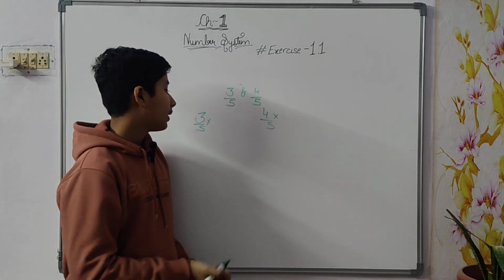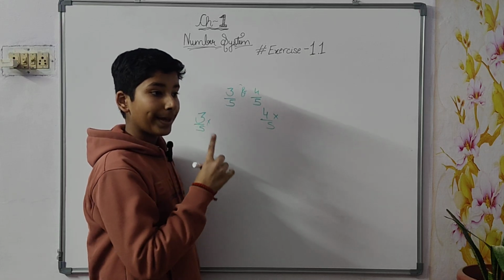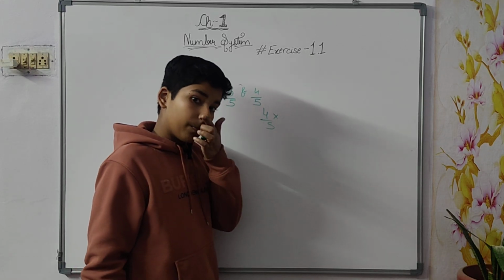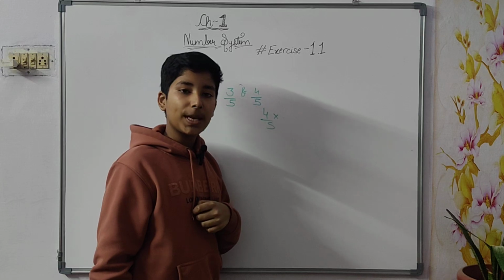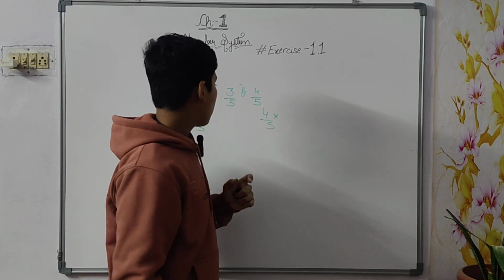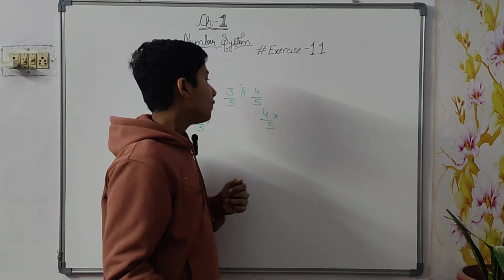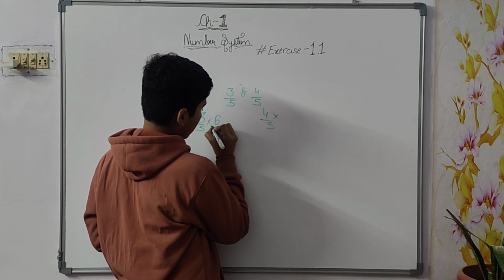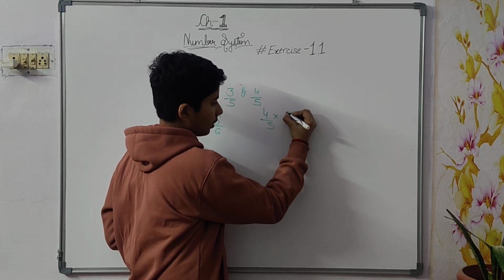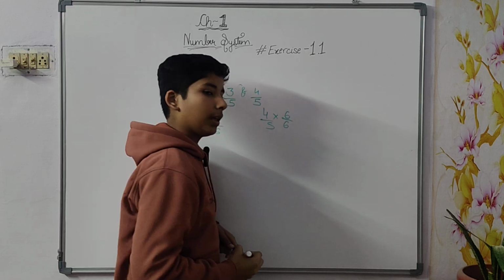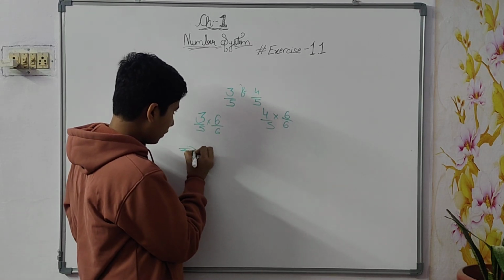We have to multiply them by 6 by 6. Why 6 by 6? Because you have to find 5 rational numbers. So we will take the smallest digit, which will be 6 by 6.